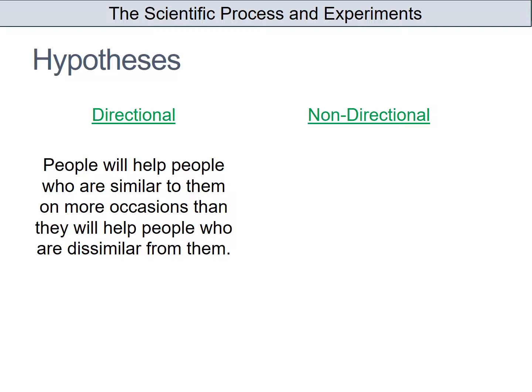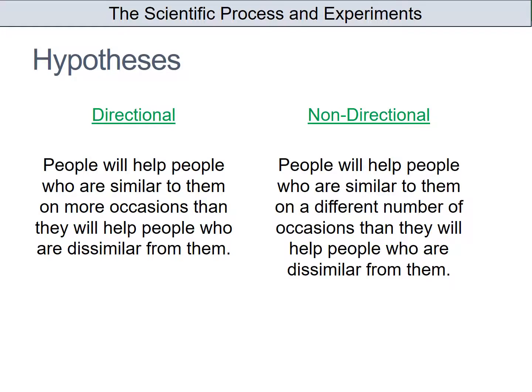A non-directional hypothesis, by comparison, tells you that there will be a difference, but doesn't tell you which direction that difference will be in. So, for example, people will help people who are similar to them on a different number of occasions than they will help people who are dissimilar from them. So if we look at the key difference between these 2 statements, in the directional hypothesis, you're actually saying that people will help others who are similar to them more than.